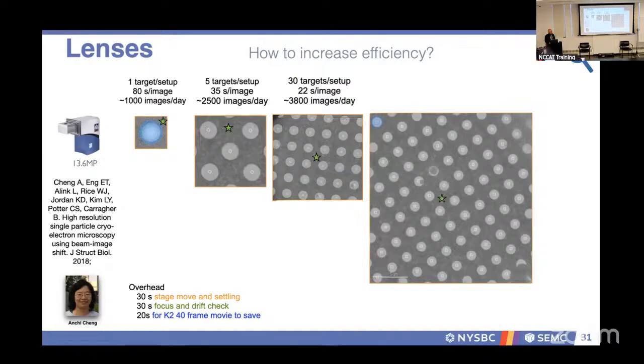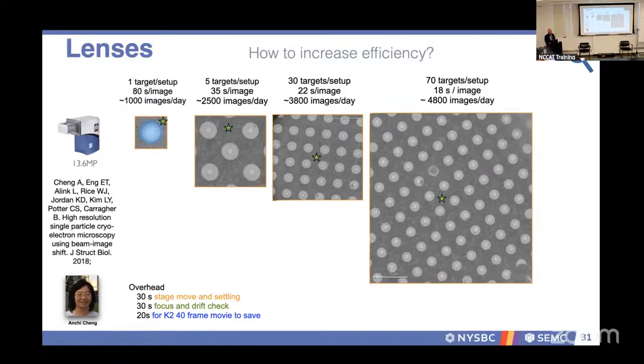That has increased throughput quite a bit, because it can take tens of seconds for the stage to settle, but only seconds for the beam to settle when you're doing these image beam shifts. In reality, we can even get to over 10,000 images a day now, because with one stage movement, you can image shift a dozen microns, with some of the newer systems up to 20 microns away from the optical axis.